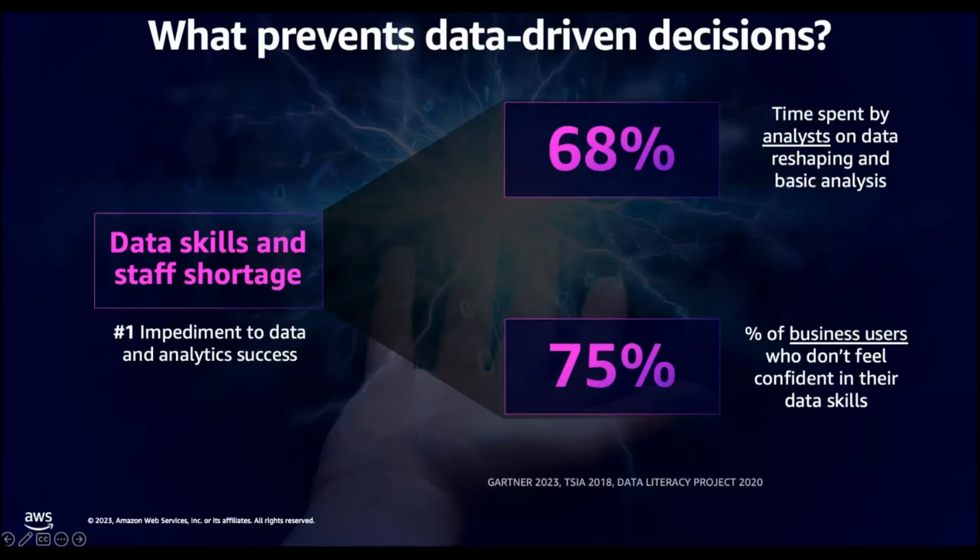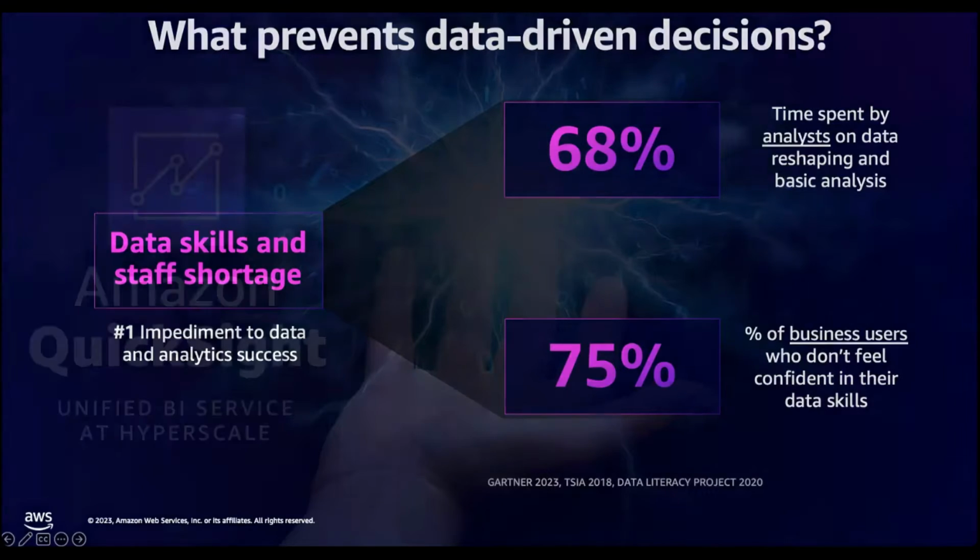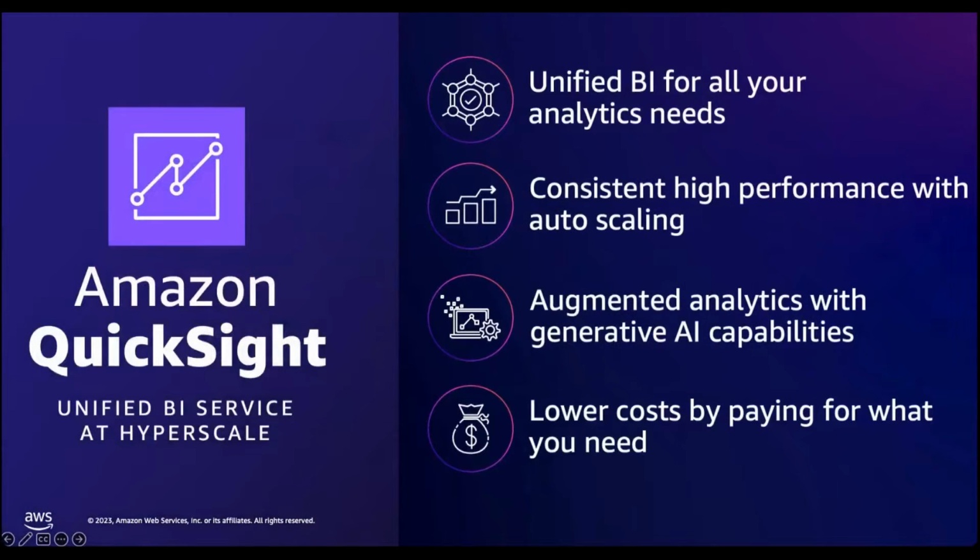So from an AWS perspective, this sounds more like a software problem, which certainly can be addressed. And that is where Amazon QuickSight can help. Amazon QuickSight, for folks who are not aware, is a unified BI service which operates at hyperscale.